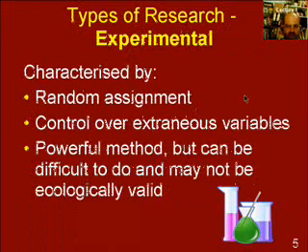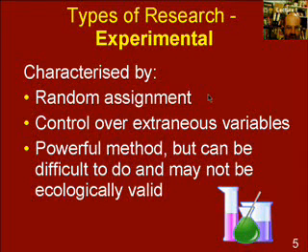Experimental research is characterized by random assignment. In other words, people are allocated to two or more groups or conditions by some process of random selection. In doing that, we try and control any other extraneous variables that may account for the findings.